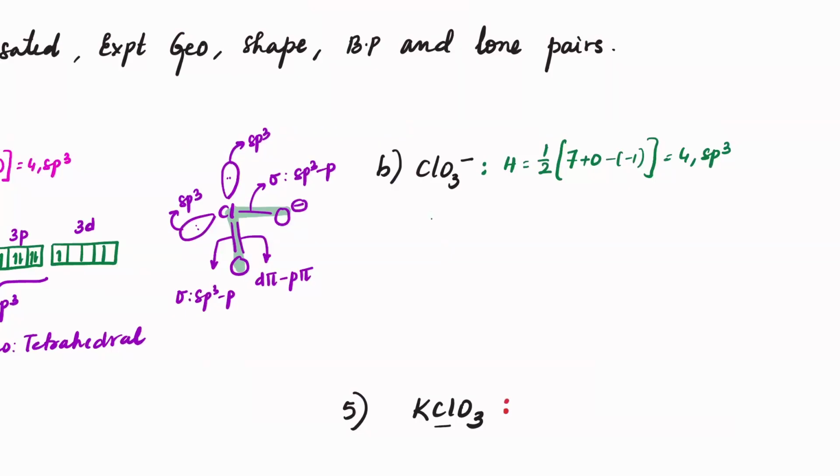How many bond pairs and lone pairs? Just check it out. 4 orbitals, but only 3 connections. So one lone pair must be present, and 3 bond pairs must be present. And since it is sp3, whatever pi bond has been made on oxygens has to be d pi p pi only, because those electrons will be in d pi only.